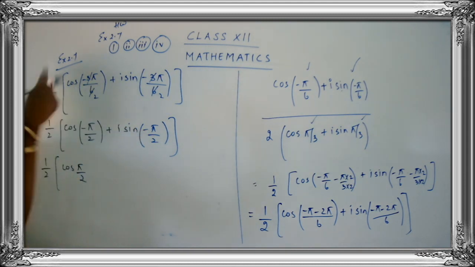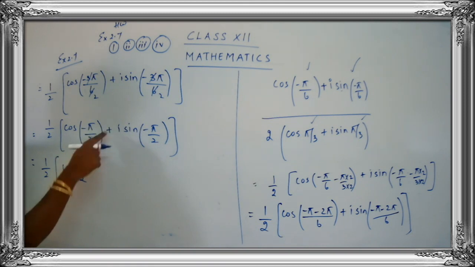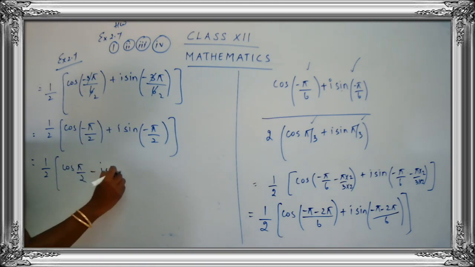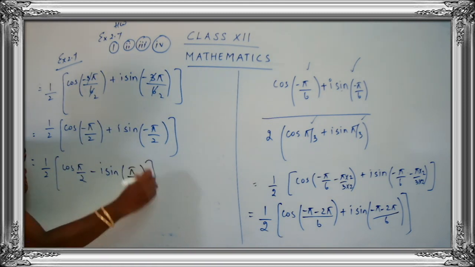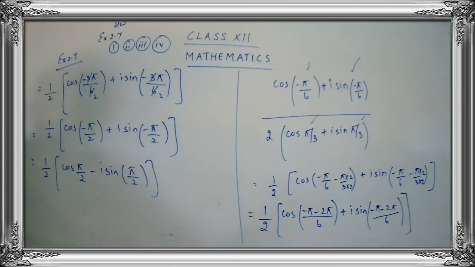Sine of minus theta is minus sine theta, so the minus will come out: minus i sine pi by 2. Cos pi by 2 is 0, we have written in the table, you can just verify. So half times 0 minus i sine pi by 2, which is 1.